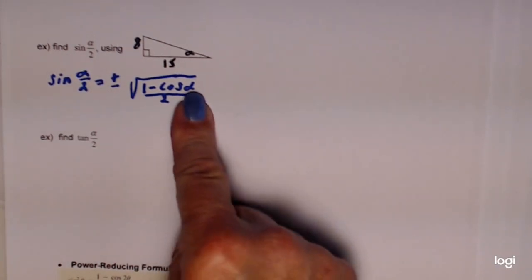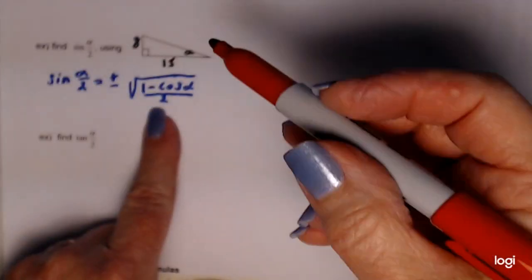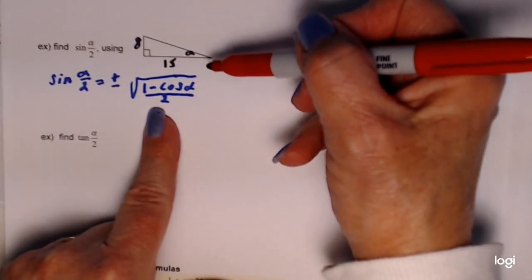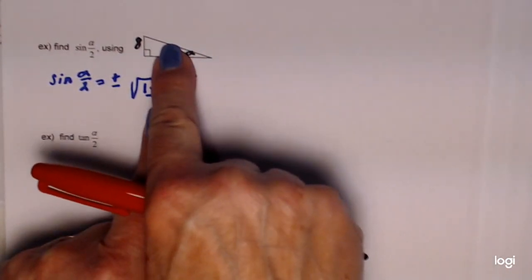And we don't have that information. All we have is this triangle, which we can see even the triangle is missing some necessary information. So to find cosine, it's the adjacent over the hypotenuse, and we don't know the hypotenuse yet.